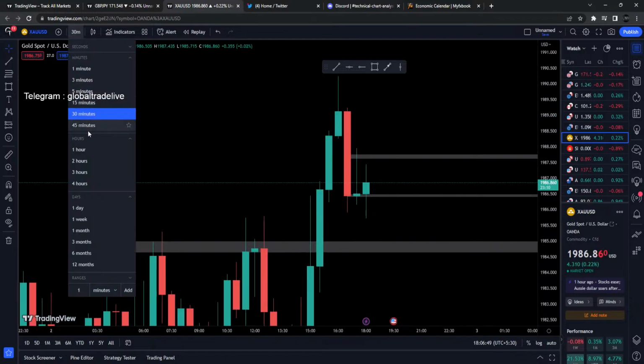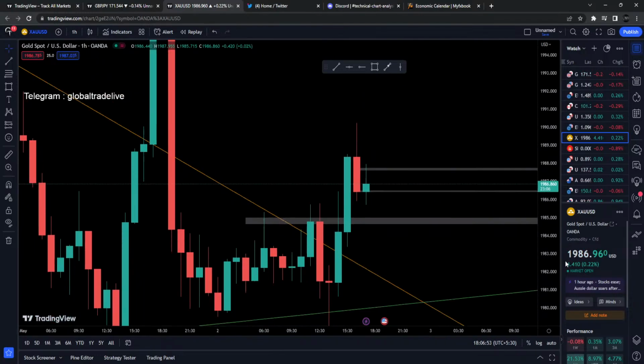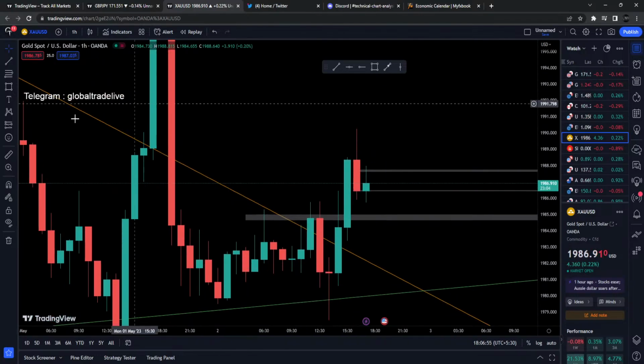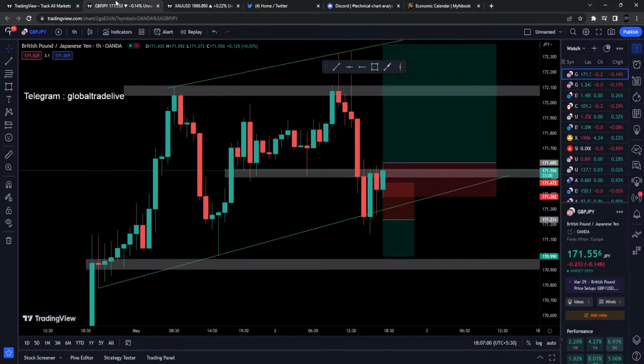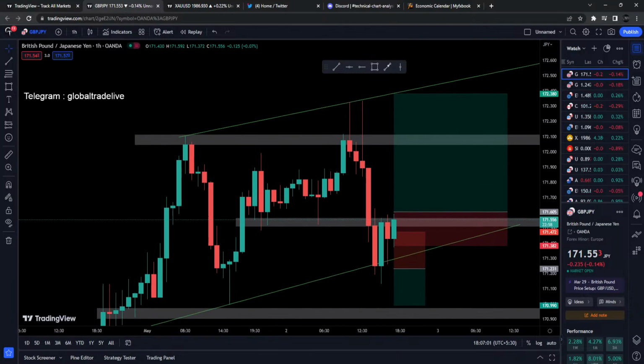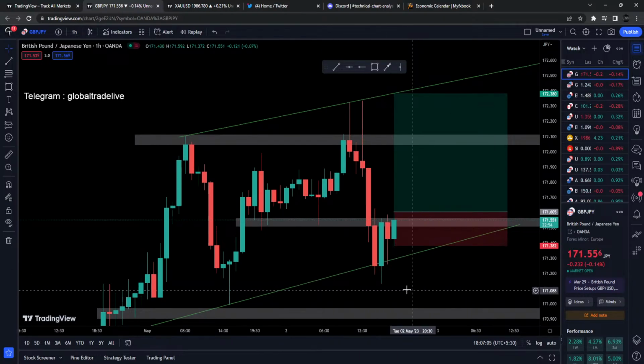Now what I'm gonna do is I'm gonna wait for this 1 hour candle to close, because this will make some clarities. So I'm gonna wait for 23 minutes for gold to take a trade, and I will try to take a trade in GBP JPY once this breaks our idea.